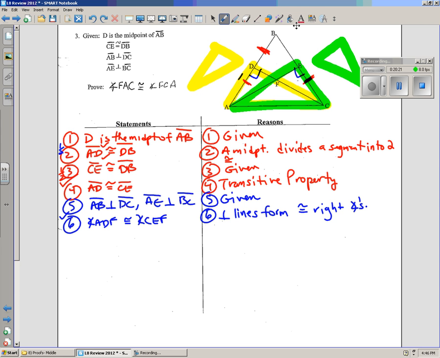We could prove those bigger triangles congruent. But this is where we have to look at the prove and see if we can kind of work backwards. If we prove these two triangles congruent, this guy and this guy, we're going to get really long segments that we're going to be able to say are congruent.